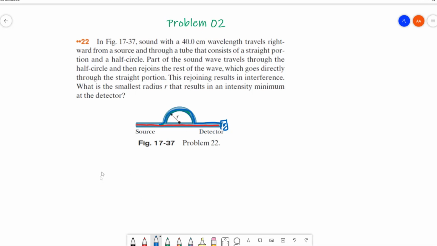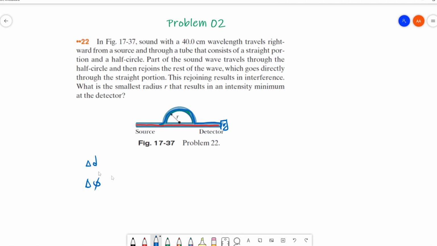Great. First of all, we need to look at two things: either delta D or delta phi. Delta D is the difference between the two paths, and delta phi is the difference between the two phases.